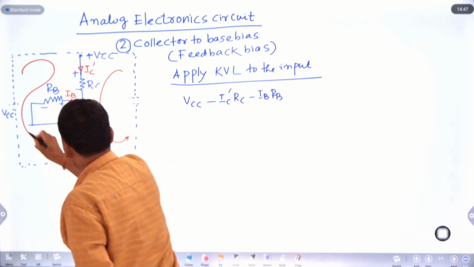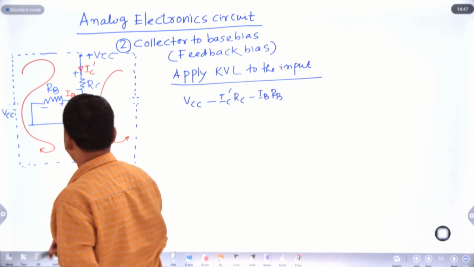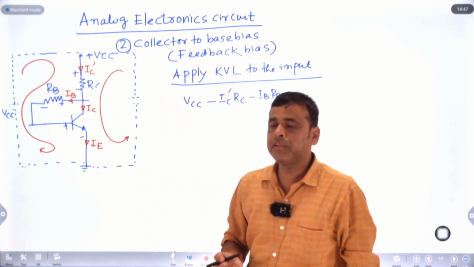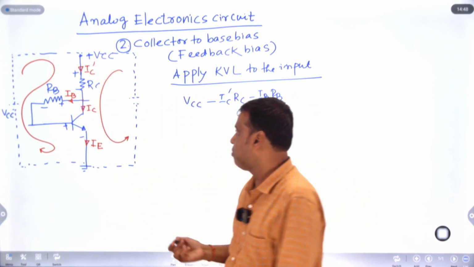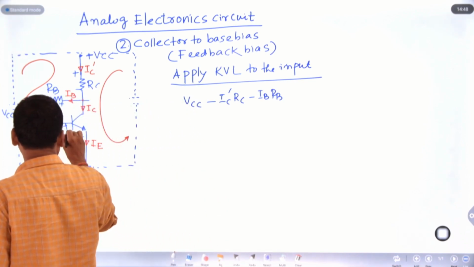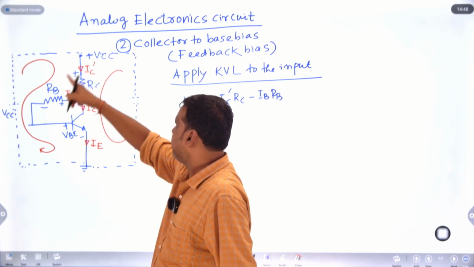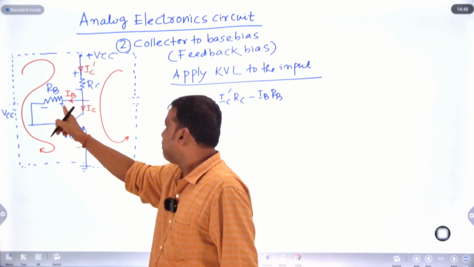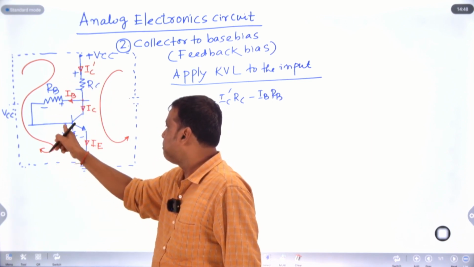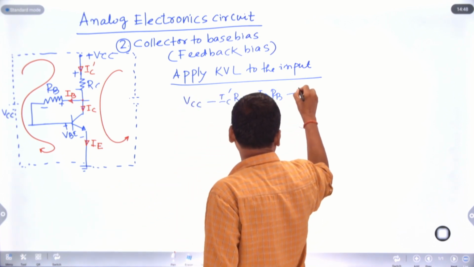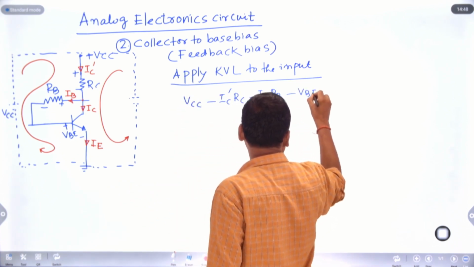Then here there is plus and this is minus. Between base and emitter there is always a potential we have to take into account. This is the base emitter voltage, VBE. So VCC minus IC dash RC minus IB RB minus VBE equals 0.